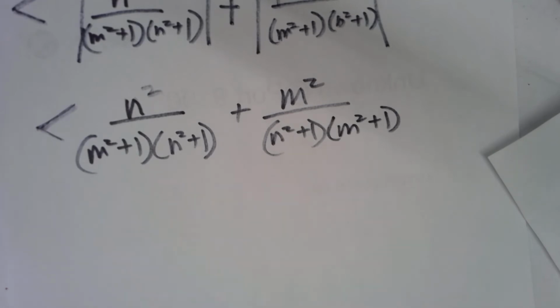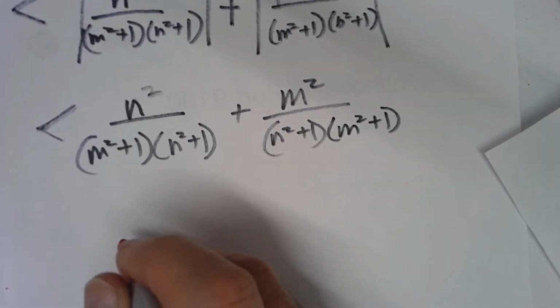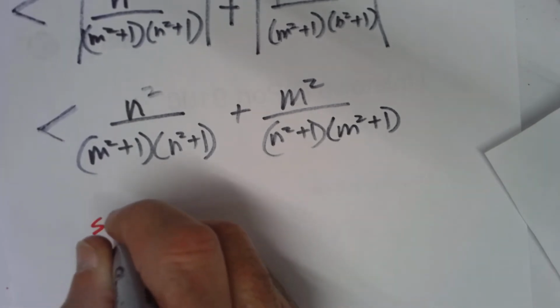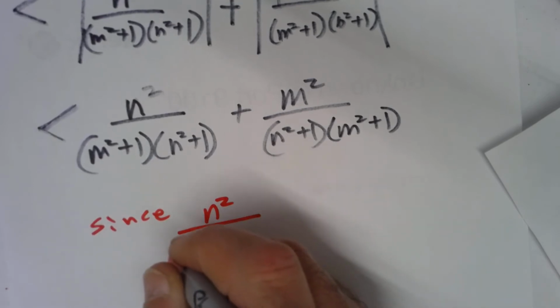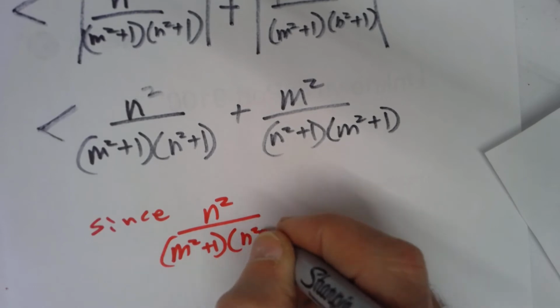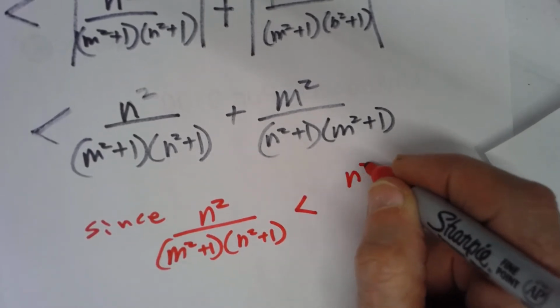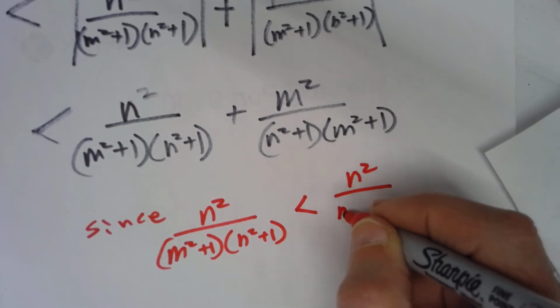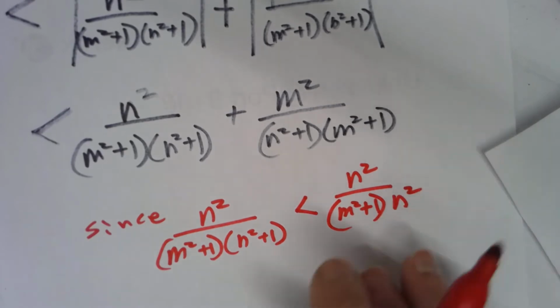Okay, so now let's do some analysis here, and we've done this before. Since n squared over m squared plus 1 times n squared plus 1 is less than n squared over m squared plus 1 times just n squared.